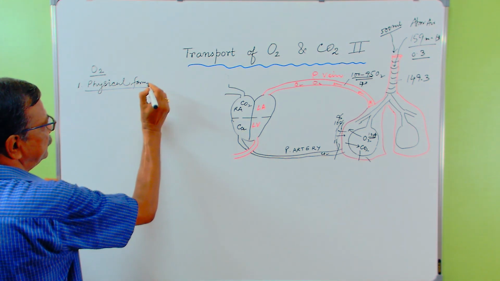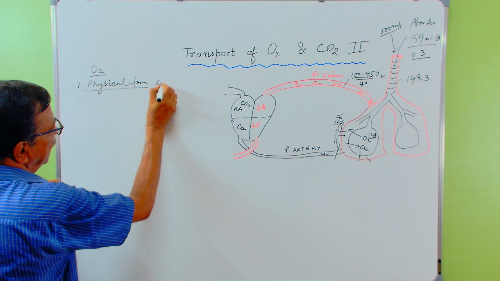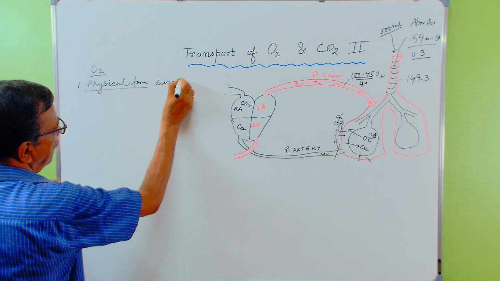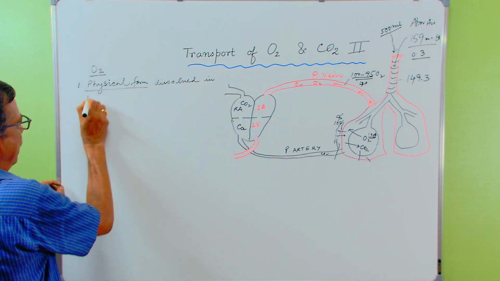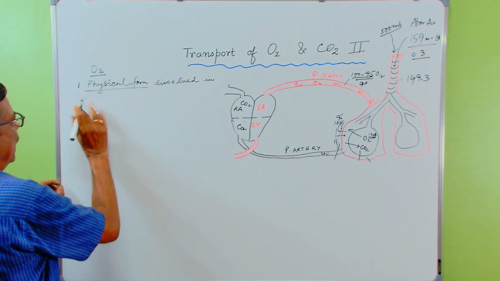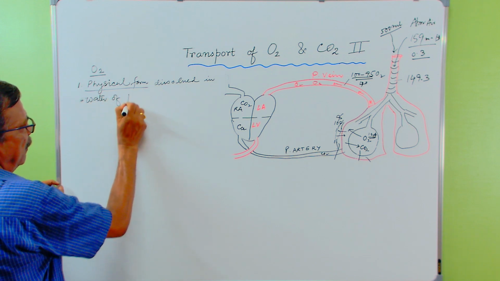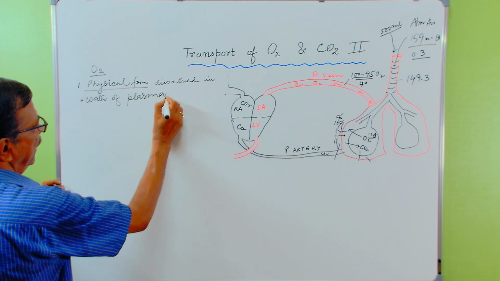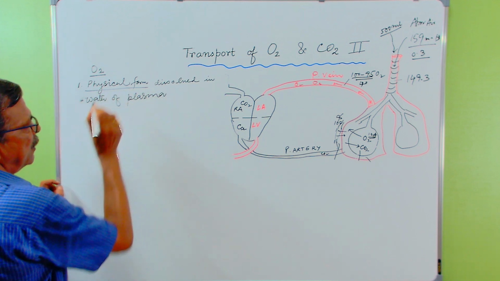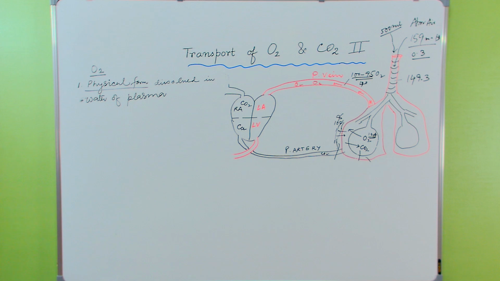3%, dissolved in water of plasma, as physical solution. So 3.3% remains in physical form.